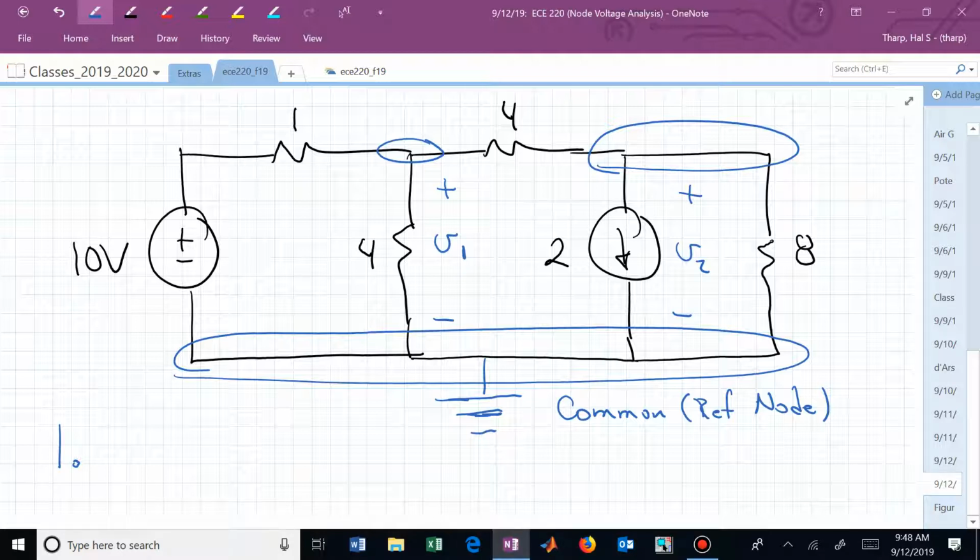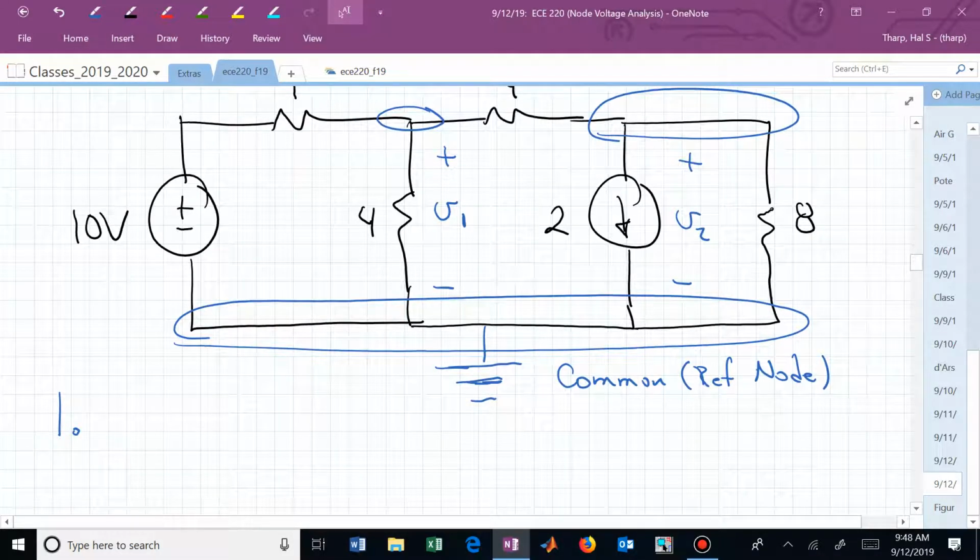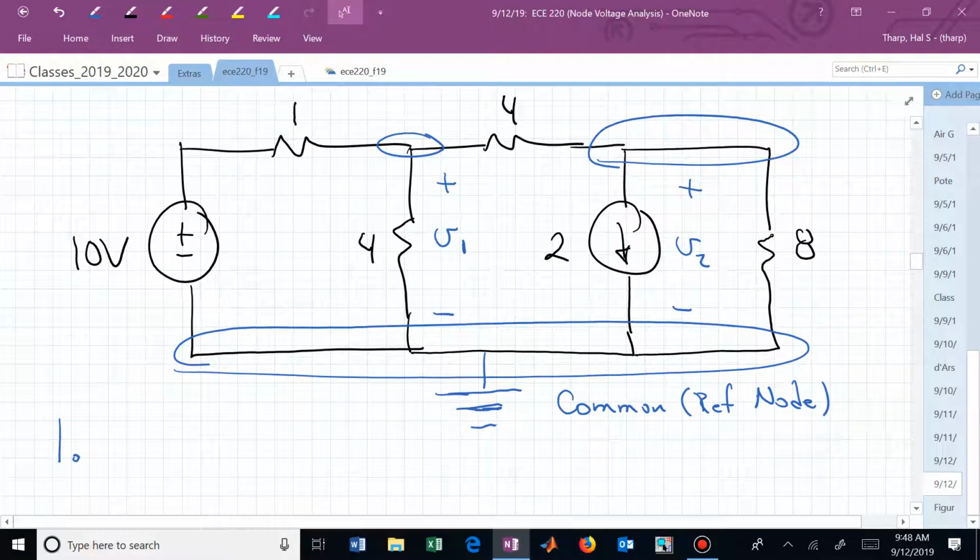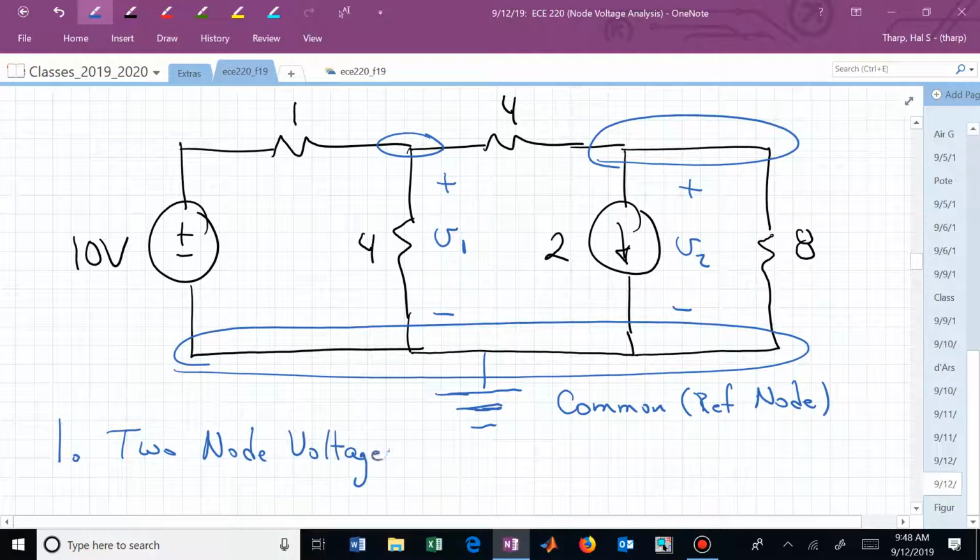The first step is to now identify the essential nodes and define node voltages. And this is node voltage analysis. We need to identify node voltages and then we can do the analysis. We've now identified two node voltages from 3 essential nodes, and these we just called V1 and V sub 2.